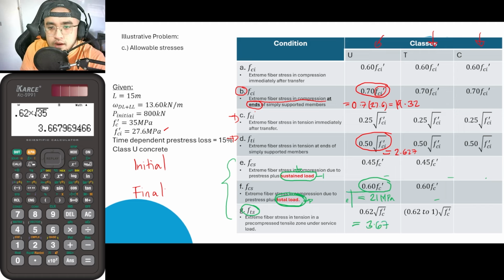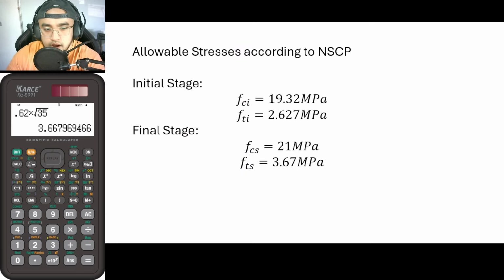So these are now the allowable stresses according to NSCP. At the initial stage, that is 19.32 for compression, and for tension, that is 2.627. At the final stage for compression, that is 21, and for tension, that is 3.67.